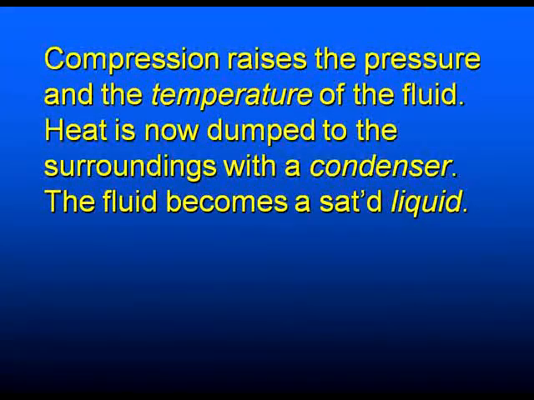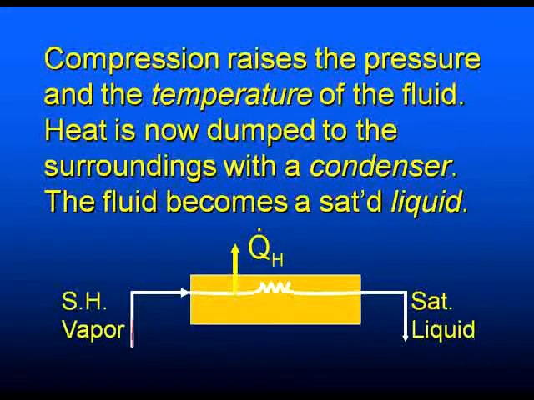A compressor raises the temperature and the pressure of the fluid, and now we can take that heat and dump it to the surroundings with a condenser. So here we have that superheated vapor coming in, high temperature and high pressure, and we can now eject the heat to the surroundings, which will be at a slightly lower temperature than the temperature of the working fluid.